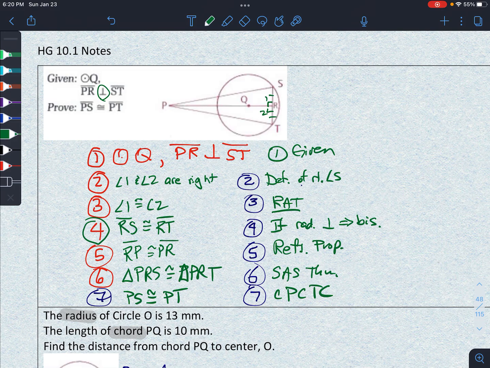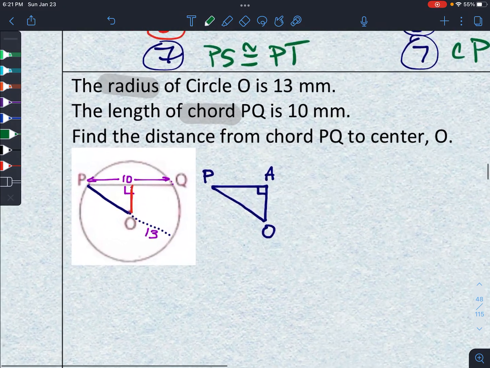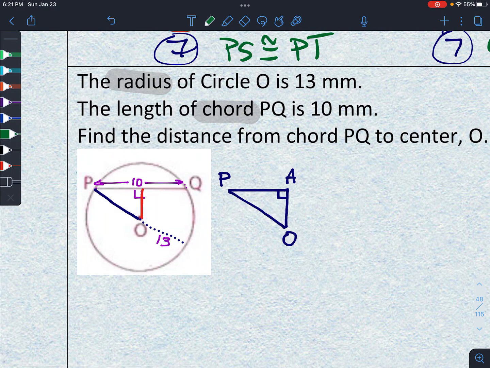All right. And then finally, a problem where you have to kind of solve puzzles. They'll give you pieces of a chord. So here we are given a circle with radius 13 millimeters, a length of chord of 10. So we kind of know this.